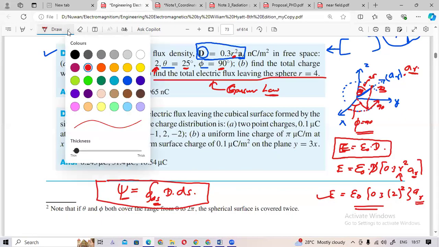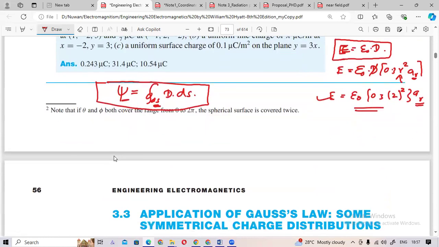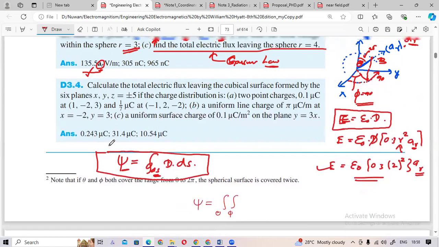So we have to evaluate this; there are two integrations, with respect to theta and with respect to phi. Our function is this one.